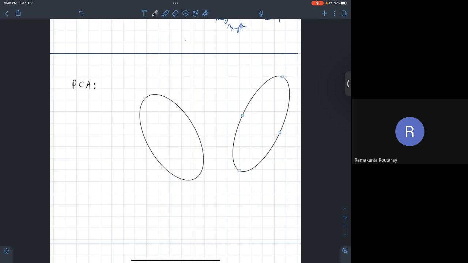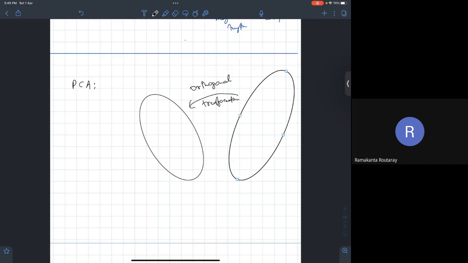Okay, thanks. Assume both ellipses are the same size. It's just hard to draw the exact same ellipse. Maybe I should make it bigger.